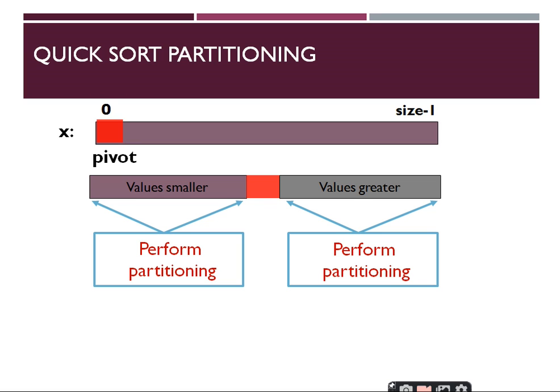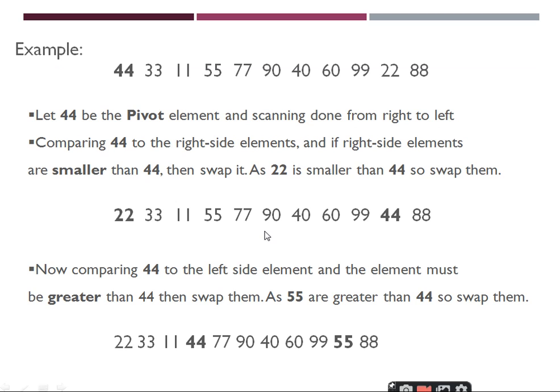If we find one, then we will swap it. Then in the next scan, we will scan from the right towards the left, and we'll try to find an element which has a greater value than the pivot element. If found, it will be swapped again.